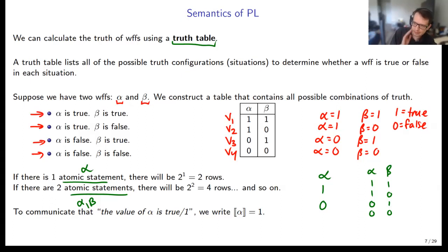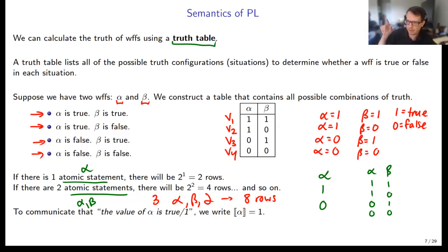You might notice a similarity here between this and power sets. There's no coincidence here. If we had 3 atomic statements, alpha, beta, and delta, then we would need 8 rows, because we'd have to figure out when alpha, beta, and delta are true. Alpha, beta is true and delta is false.